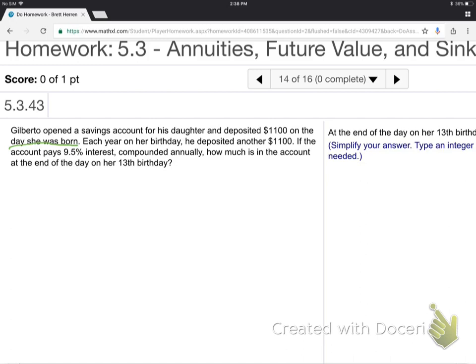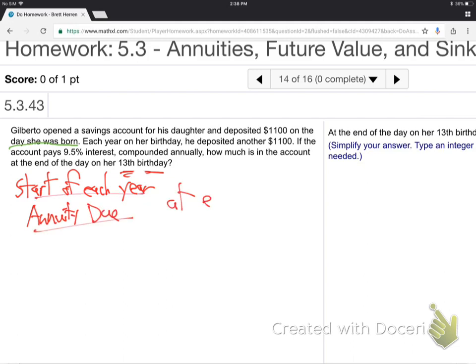But here's the trick. He also did it on the last day, her 13th birthday, which is the end of the last period. So basically he did it at the start of each year, so that means I'm going to do annuity due, because that's not ordinary.